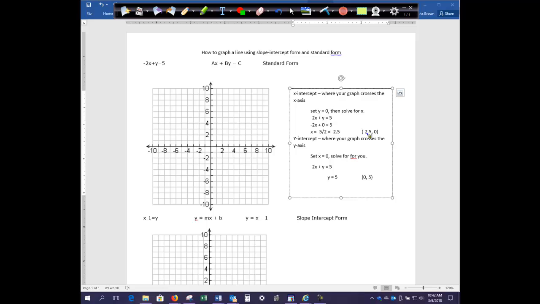We'll plot the point negative 2.5, 0. Starting from the origin, we move to the left 2.5, my y is 0, so I will place a point there. Your next point, x is 0 and y is 5.